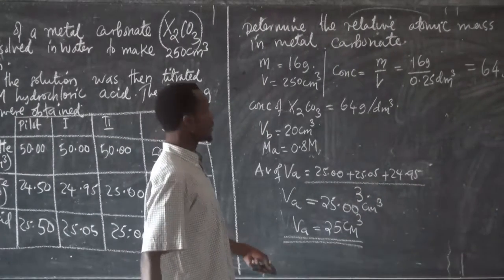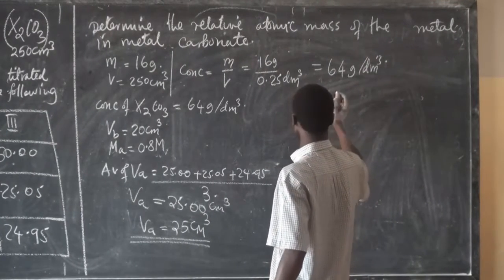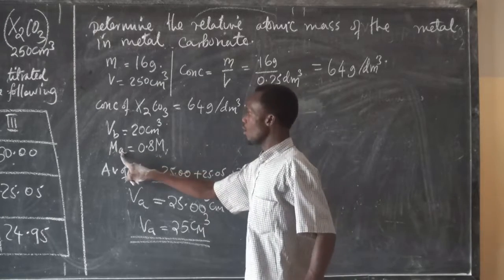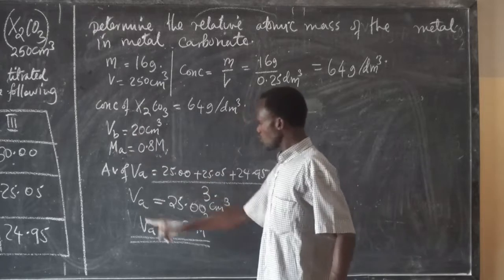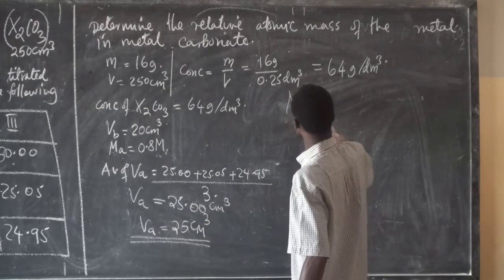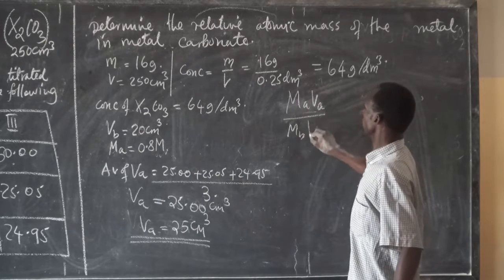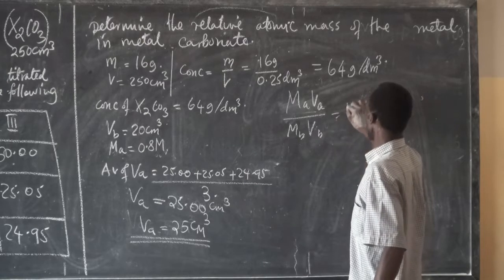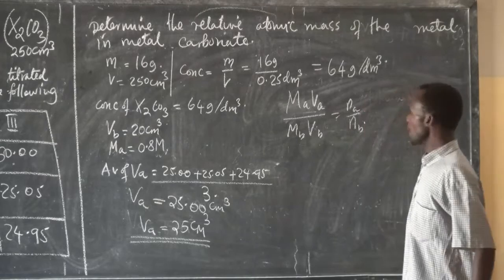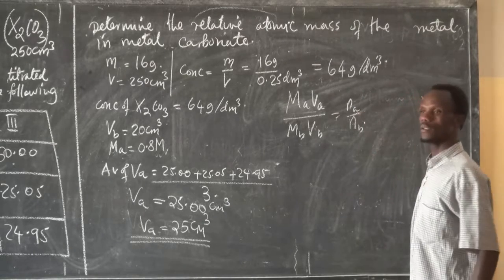After that, we have the molarity of acid, the volume of base and the volume of acid. From molarity of acid times volume of acid over molarity of base times volume of base, equal to number of acid over number of base, we don't have the number of acid and number of base.